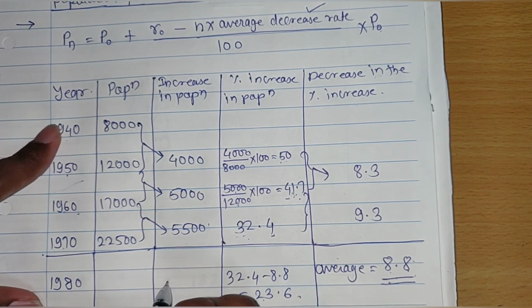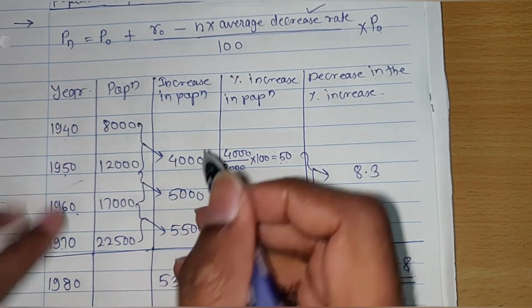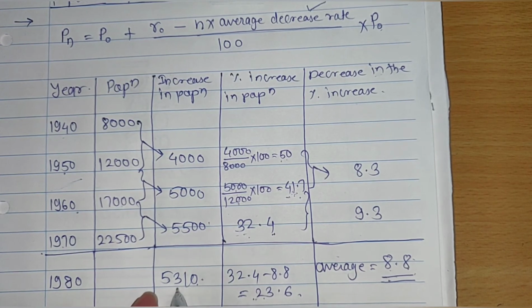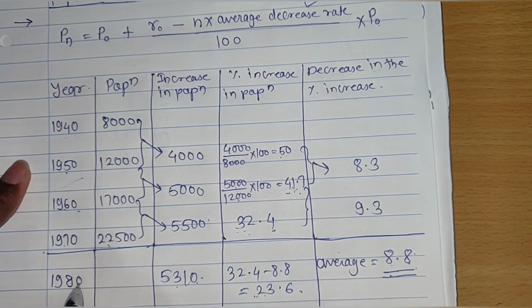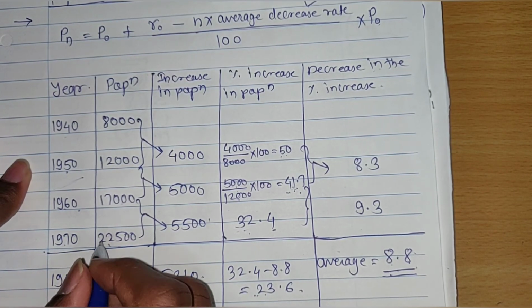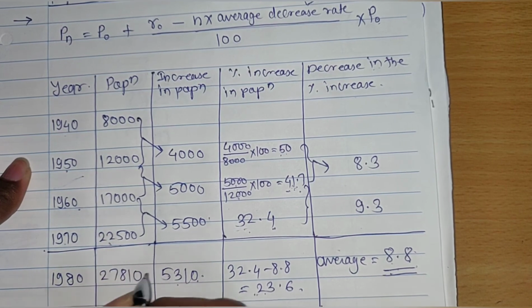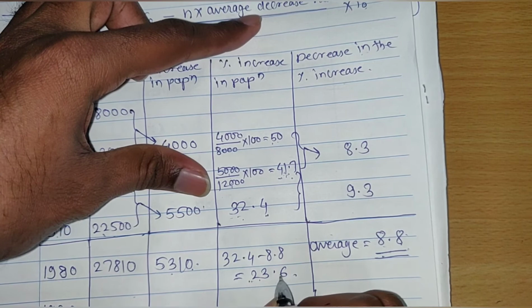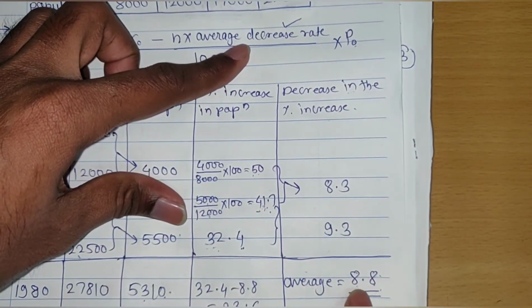So the increase in population will come as 5310. Then add this increase in population to the previous population, 27810, and you will get the population of 1990. Okay, similarly for the next decade, the decrease in the percentage increase is 8.8%.